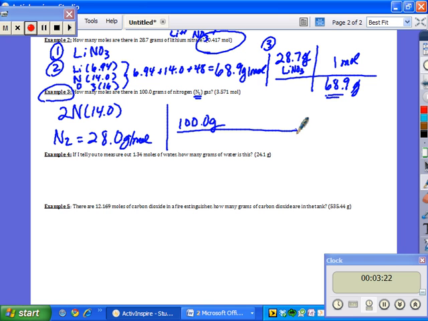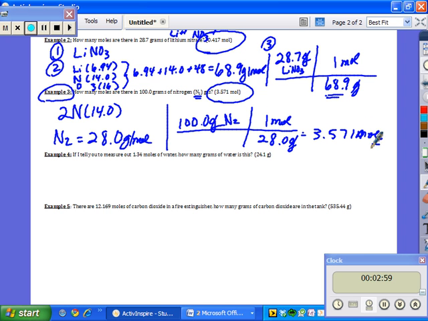I know that for every 1 mole of nitrogen, it's 28 grams. Now, ask yourself the same thing. 1 mole would be 28 grams, so 100 grams would be much more than a mole. In fact, it is 3.571. The reason I have 4 sig figs is because the 100.0 was 4 sig figs.